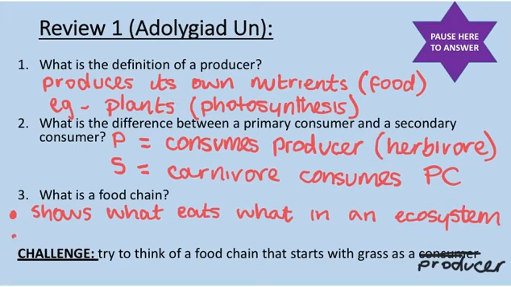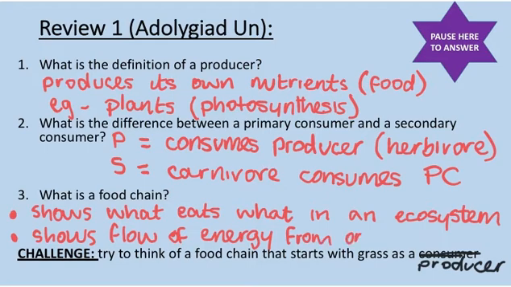Okay, so that's the first point, and then the second point, it shows the flow of energy from one organism to the next. I can't fit that on the screen, so shows the flow of energy from one organism to the next. Okay, and finally at the bottom here we've got our challenge.